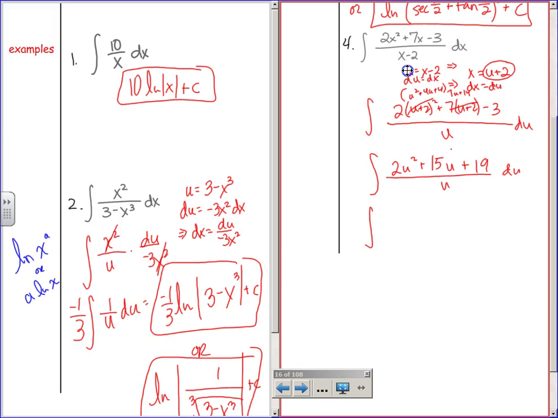So I could do 2u squared plus 15u plus 19 times 1 over u. Or you could think of way number 3. The 2u squared needs to divide, the 15u needs to divide, and the 19 needs to divide. Which way are you considering how to split up the division?